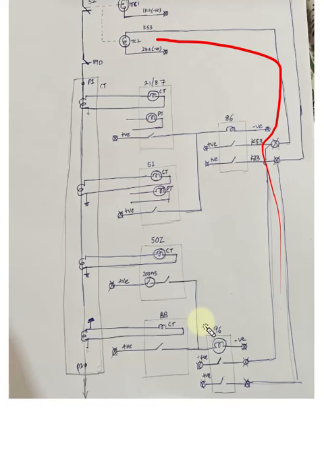Okay, so also it has a trip bus. It extends the command to the trip bus, and when the trip bus is operated, all the feeders and transformers on that faulty bus section will trip. Also the bus sectionalizer will trip.